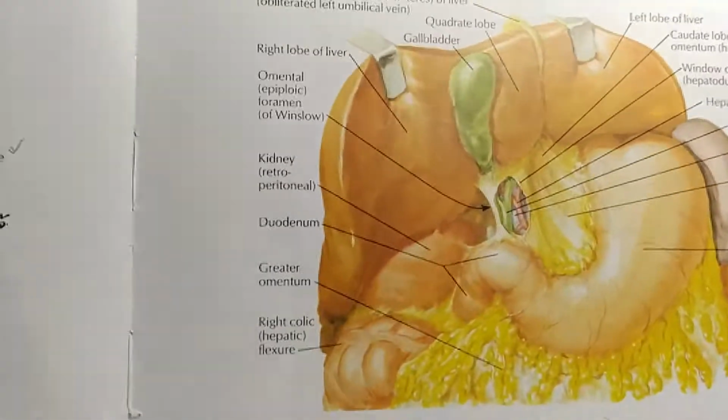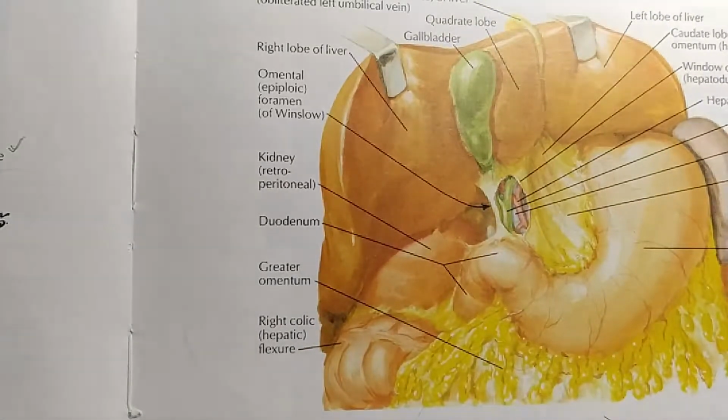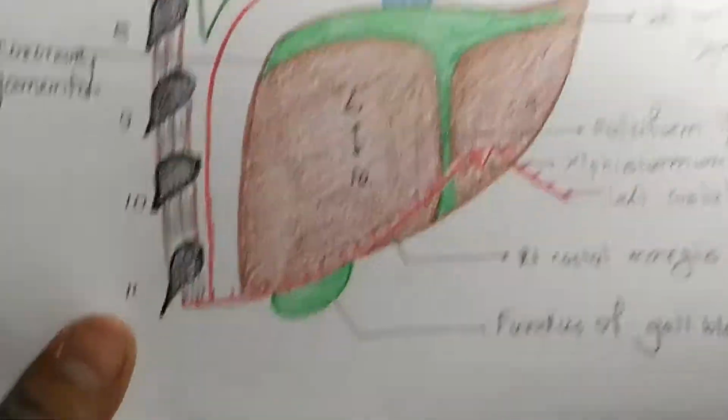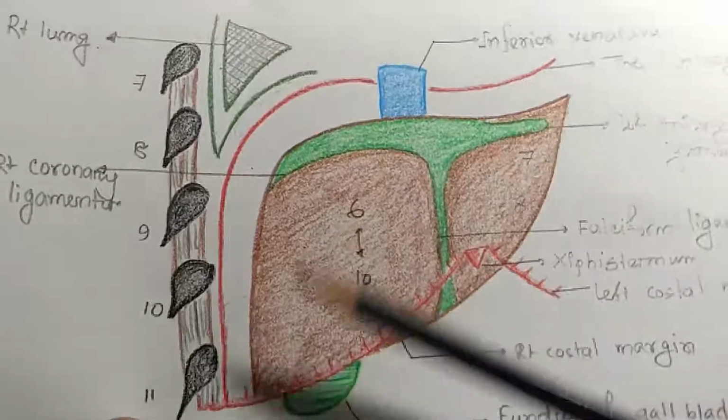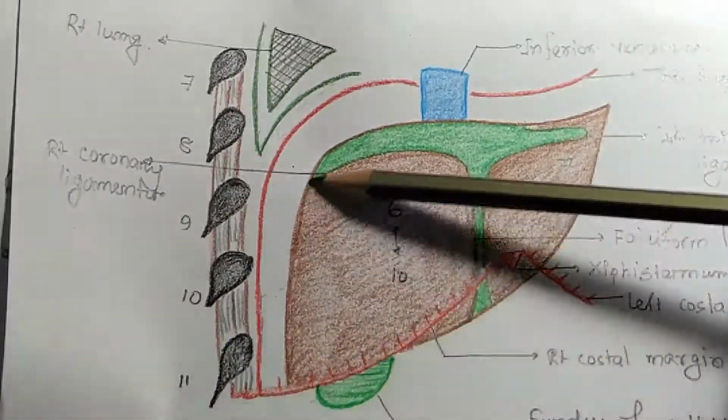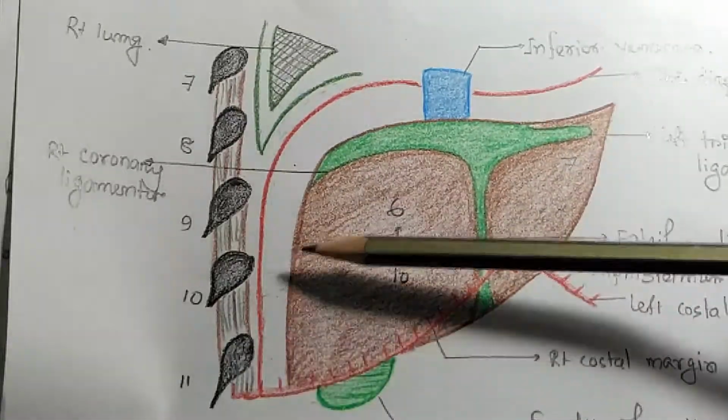Okay, now I'm going to show some diagrammatic pictures. Here are some relationships of the anterior surface of the liver. In the case of the right lateral surface, what are the relations present here?